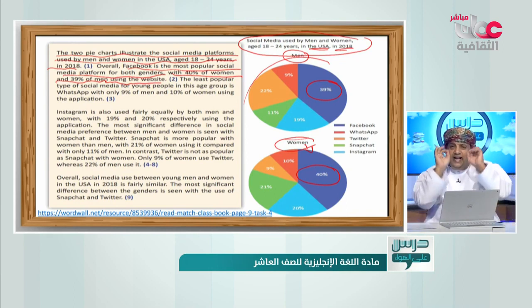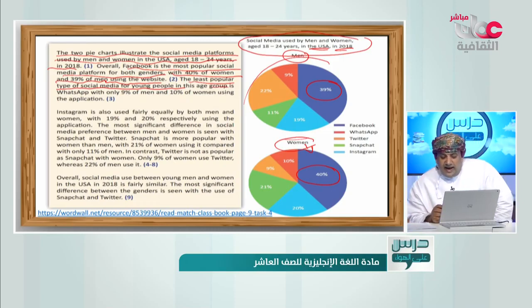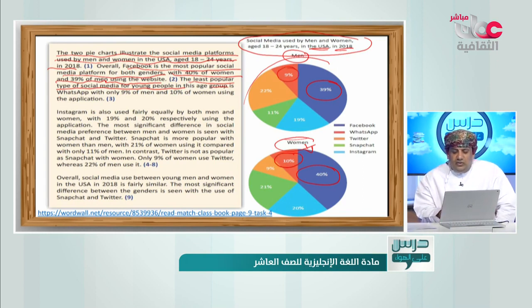Then you should look at the least popular type of social media for this young age group, which is WhatsApp. Here, as you can see, WhatsApp is 9% for men and 10% used by women in the USA.